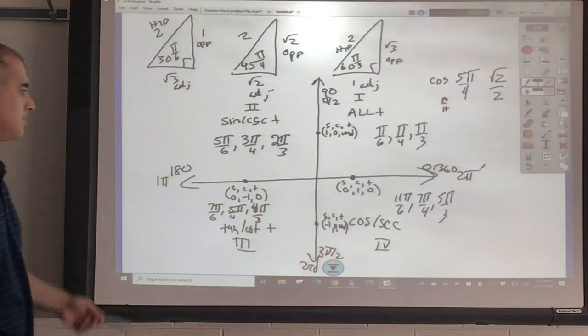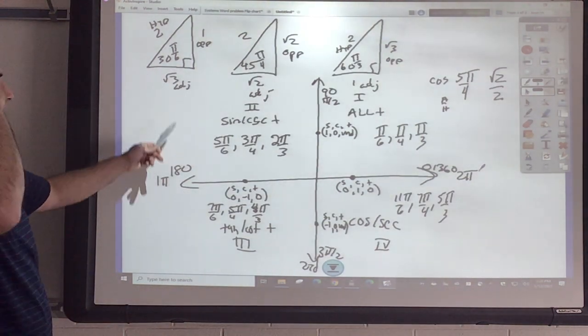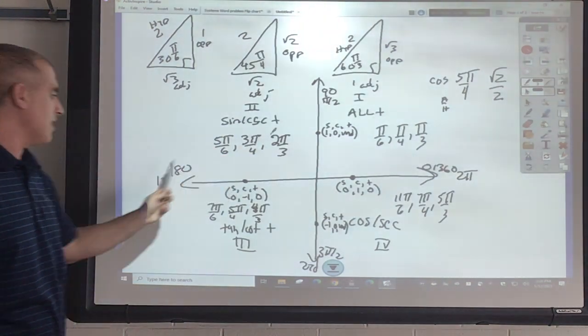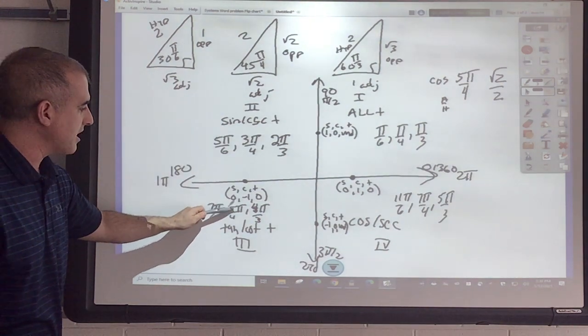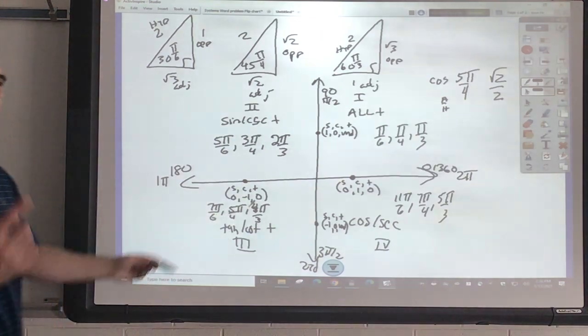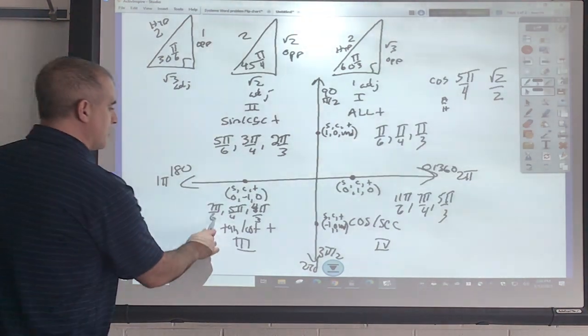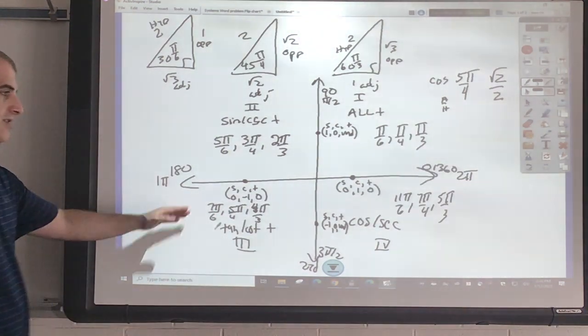If you look at these, notice how it's 7, 6, 5 fourths. The difference there is 1. But these numbers are slightly bigger than 1.